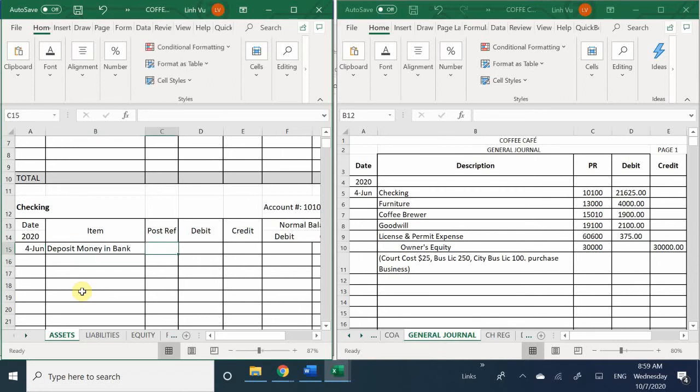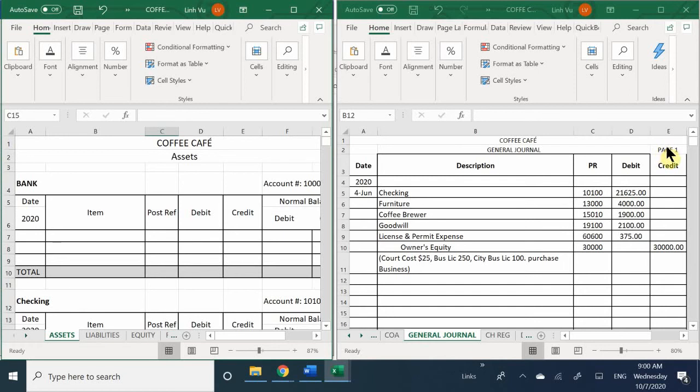My post reference that I am going to be utilizing here is, well, where did I journalize this? What page in my journal did I journalize this? If you look at your journal, your page number is at the very top right corner. So in this case, the journal where I have this transaction is going to be on page 1.